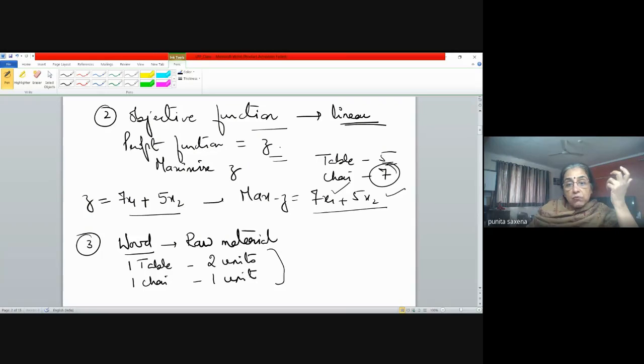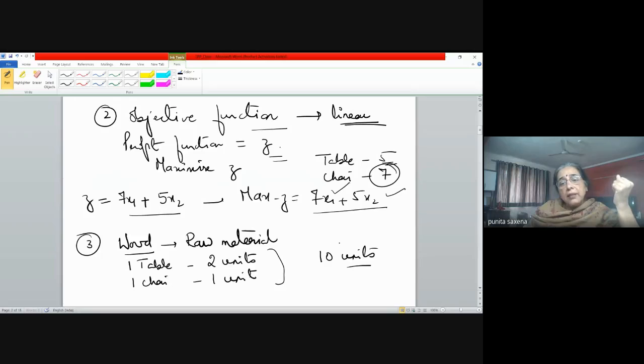But that's fine. That is what we call the requirement, what is needed to make chairs and tables. But then he says that for one week, or for one day, let's talk about a day only, he does not have more than 10 units of wood available to him.